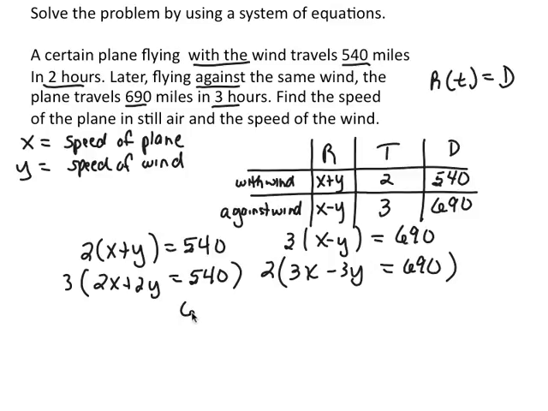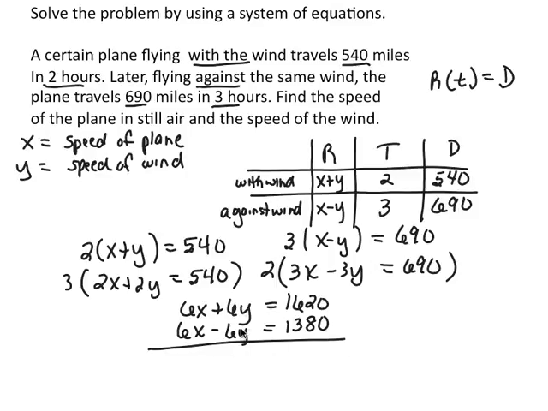That will give me 6x plus 6y equals 1,620, and 6x minus 6y equals 1,380. So when I add, notice that my y's are eliminated, and 12x is equal to 3,000. I'm going to divide both sides by 12, and x is equal to 250 miles per hour.